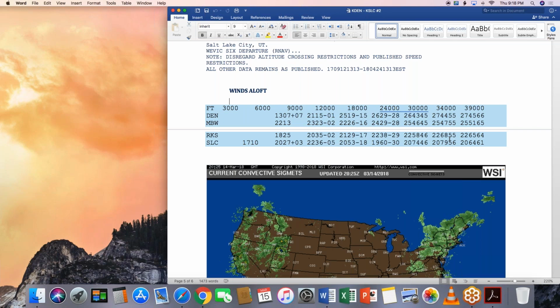We've got to take into account 15 degrees at sea level. This is ISA at sea level, our standard.